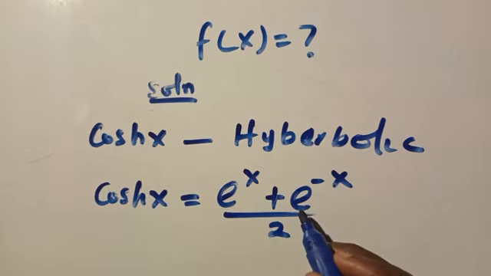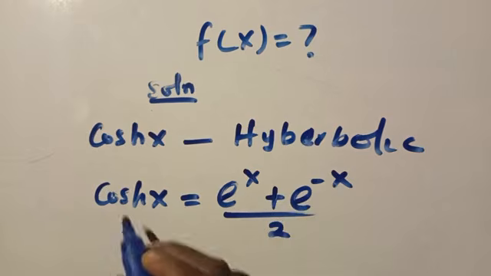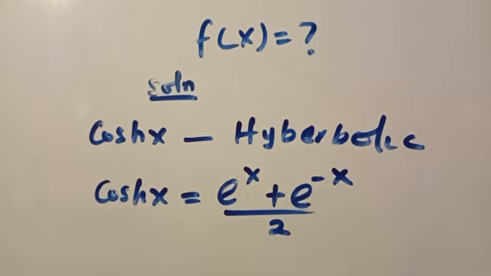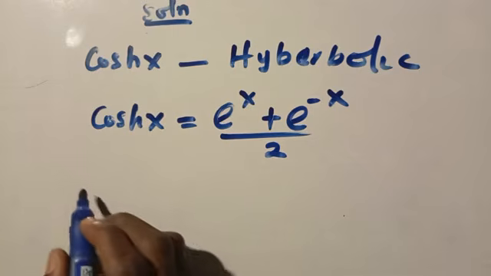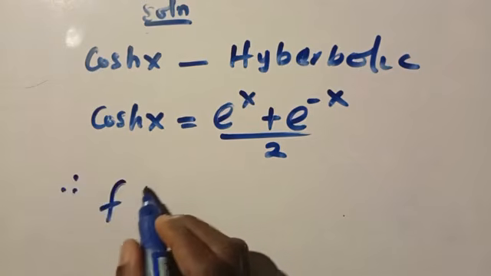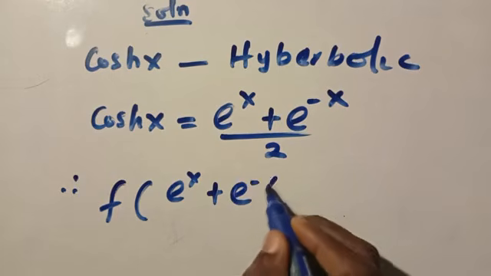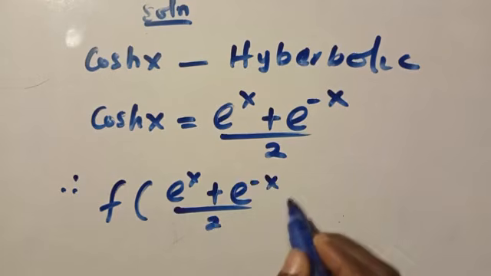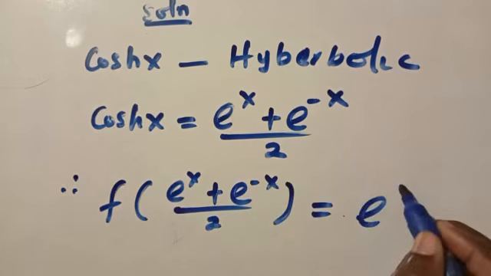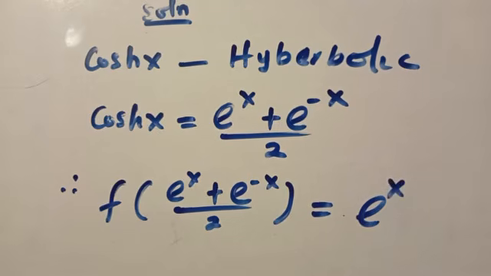This is the equivalent value of cosh x in hyperbolic and exponential form. Then by replacing, we have f of (e to the power x plus e to the power minus x) divided by 2 equals e to the power x.